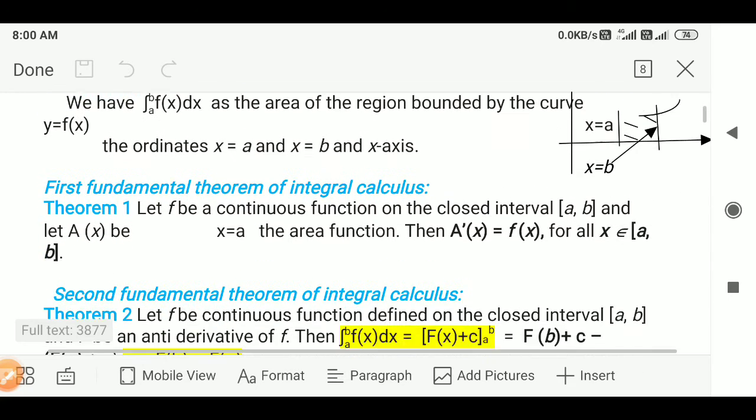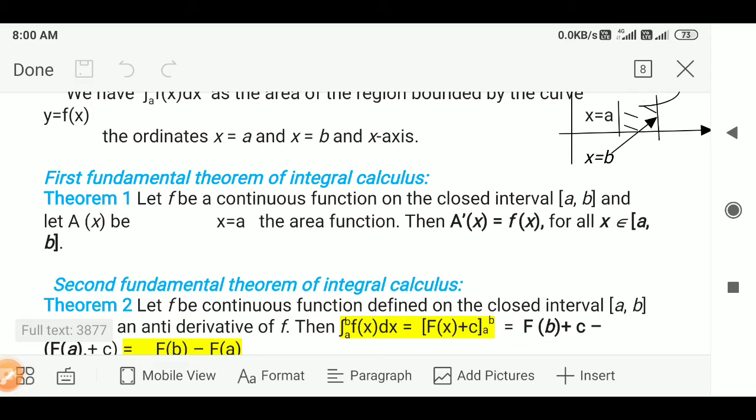Now here is the first fundamental theorem of integral calculus.